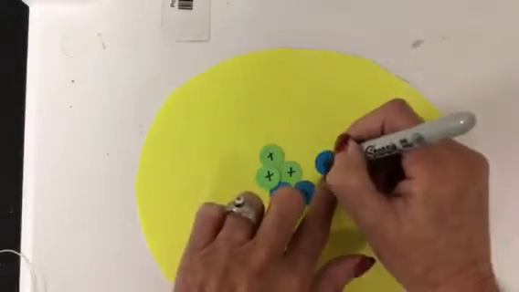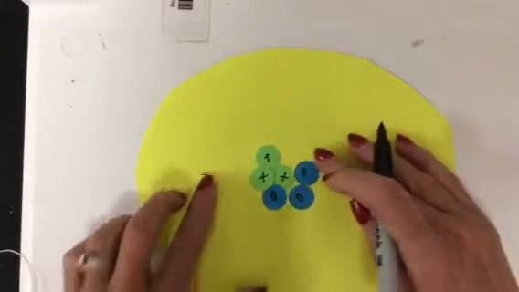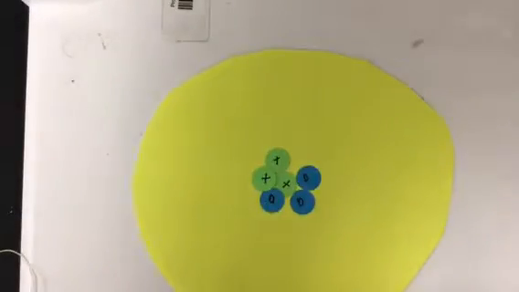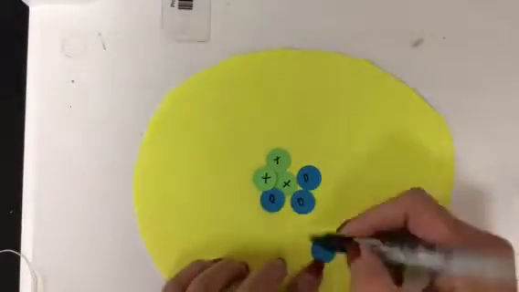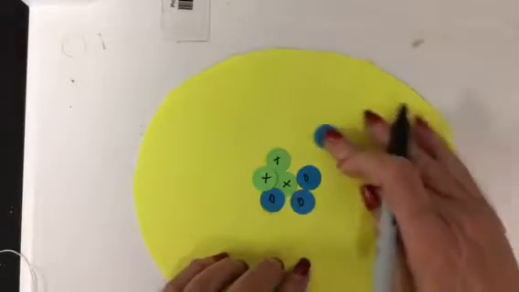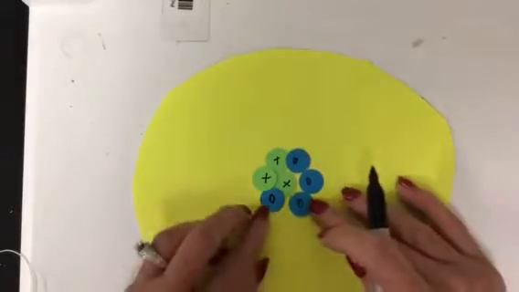So I have 4 of them, 1, 2, 3, and 1 more, 4, there we go. So this central region is my nucleus, and as we can see, the protons and neutrons are in it, shown with their charges, positive or neutral, and they are the larger particles.